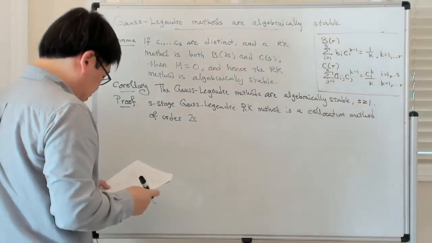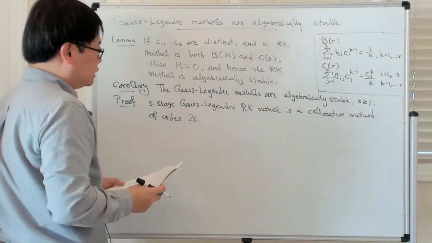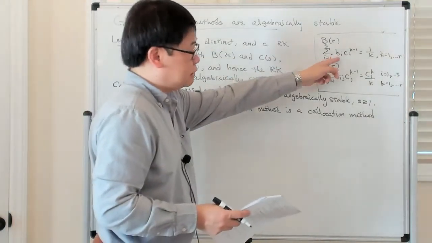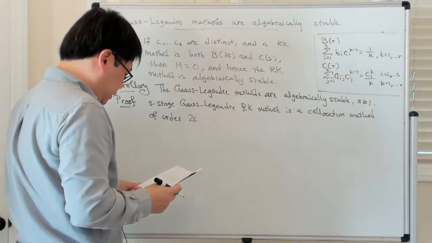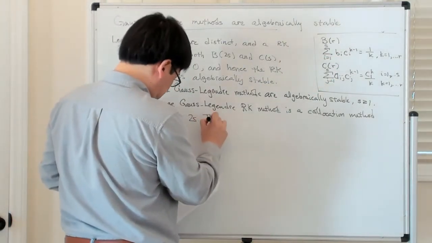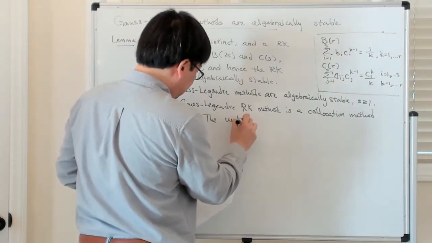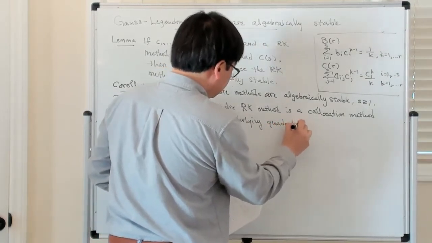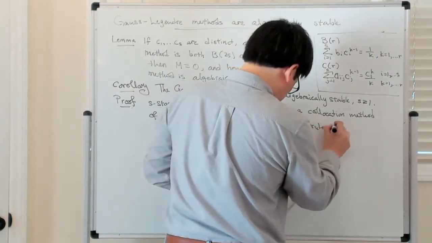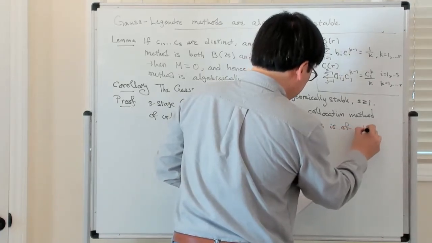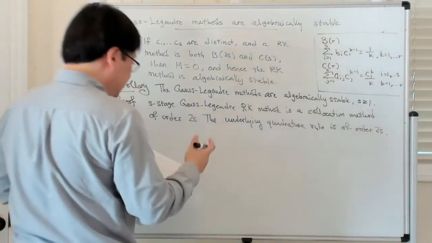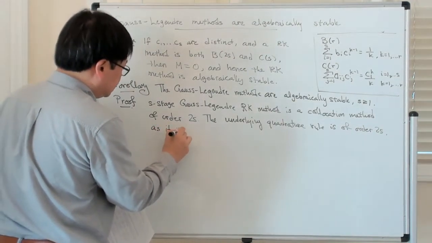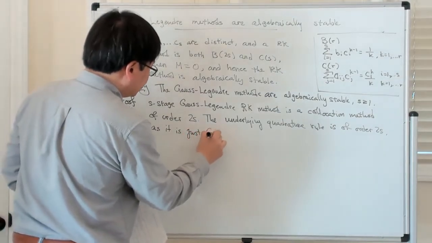In particular, the underlying quadrature rule, the one associated with the bi, is of order 2s, because it's really just Gaussian quadrature.